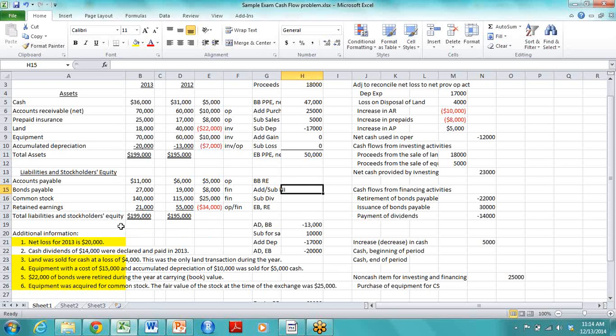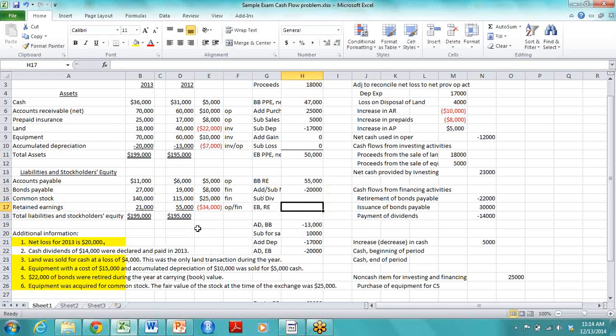If you're not told what the dividends are, you can find it out based on the roll forward of retained earnings. So here, remember, retained earnings is going to be our beginning balance of 55. And then we're going to add or subtract net income or net loss, depending on what it is. And we know that we have a net loss of 20,000, so we're going to subtract 20,000.